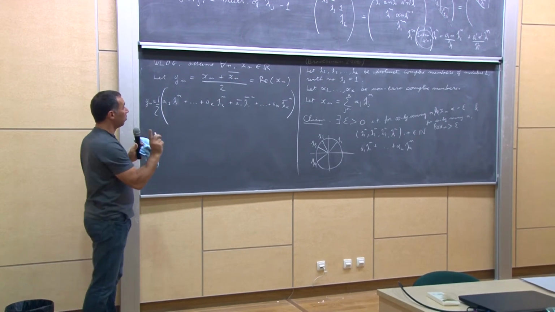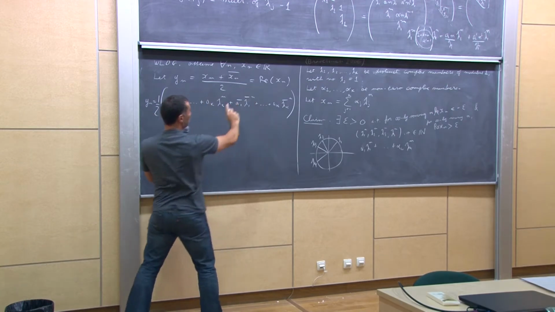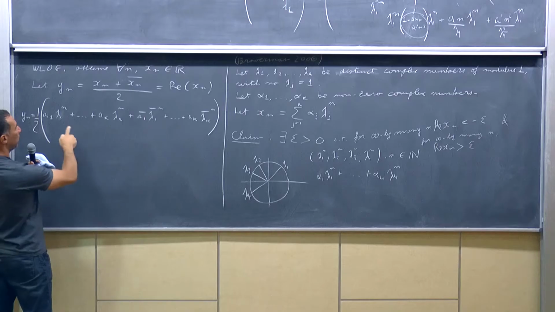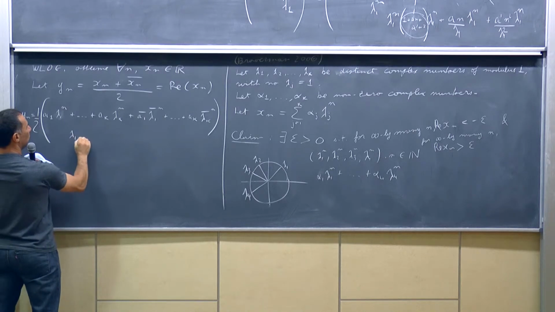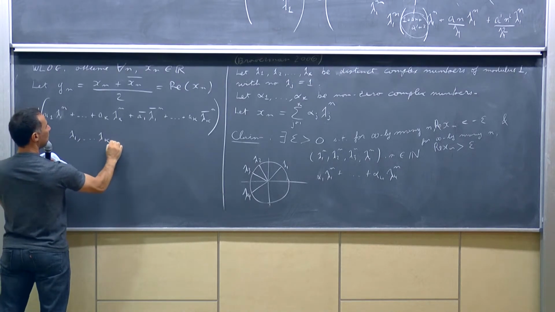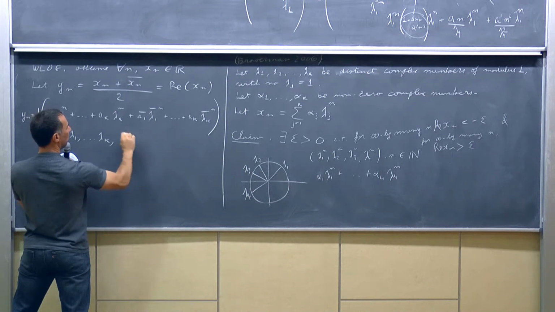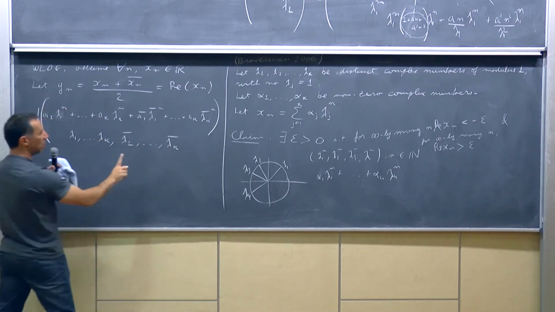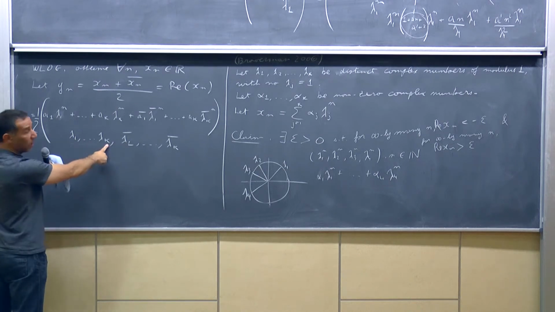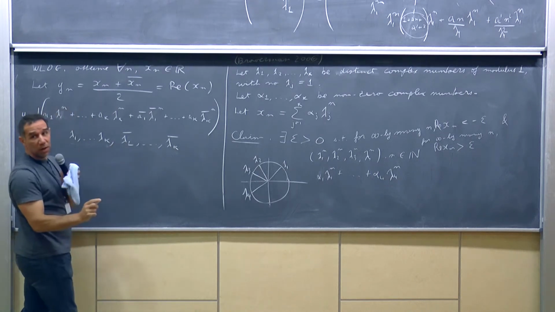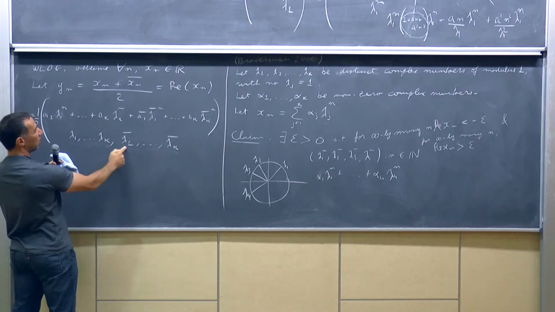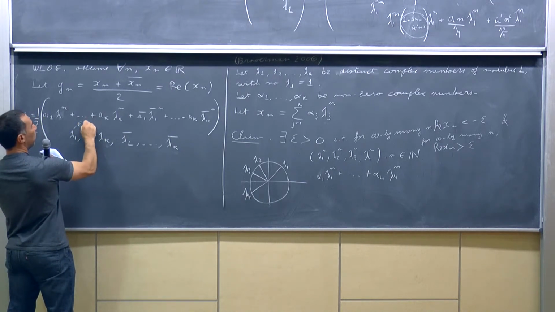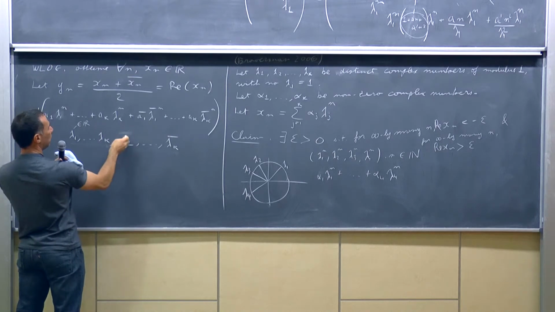Now, yn is always real by construction, and yn satisfies the hypothesis, because now, instead of having just the numbers lambda 1 up to lambda k, I've got the numbers lambda 1 up to lambda k, and then another bunch of numbers like that. If none of those guys is 1, then none of those guys are going to be 1. And if it happens that one of these guys is real, let's say lambda 1 is real, then of course lambda 1 conjugate is equal to lambda 1.